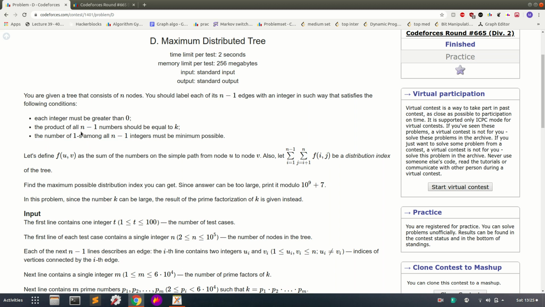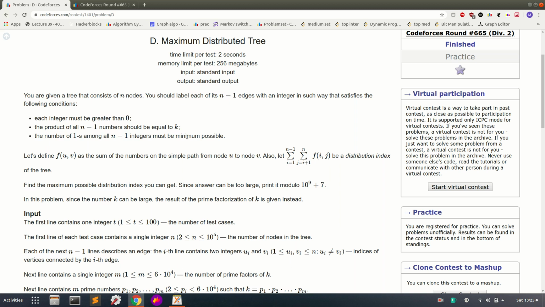The product of all the n minus 1 numbers should be equal to k. Now this k is going to be given in the form of its prime factors in the input, so we can use that. We don't have to prime factorize it during the program. And the number of ones among all n minus 1 integers must be minimum possible.